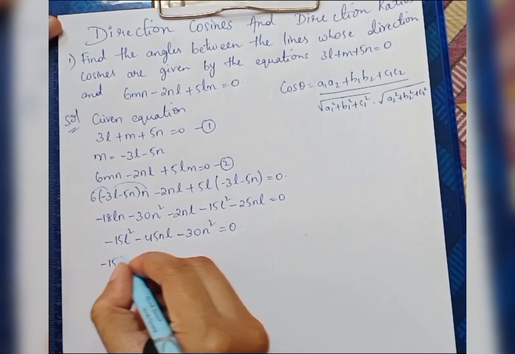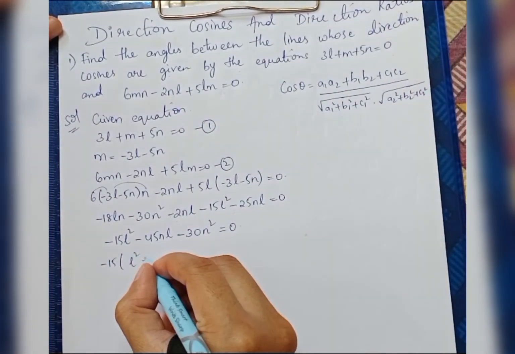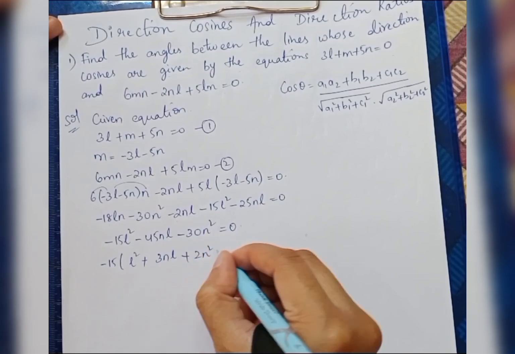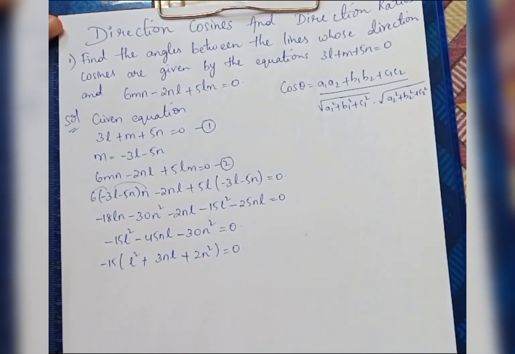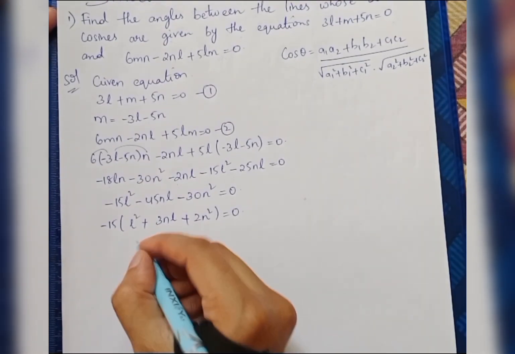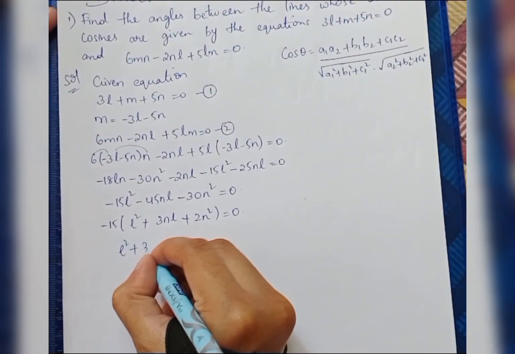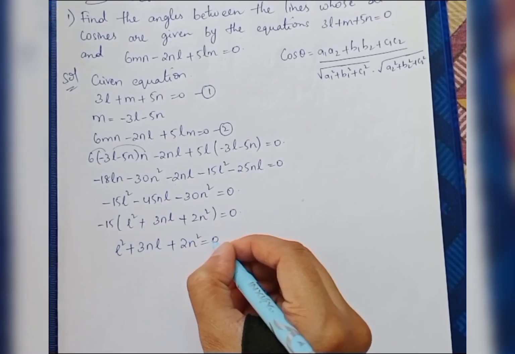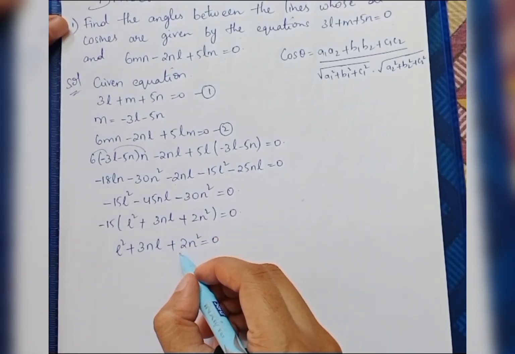Taking minus 15 common, so it will be l square plus 3nl plus 2n square equal to 0. Now factorizing the term l square plus 3nl plus 2n square equal to 0. So the factors will be 2 ones are 2.